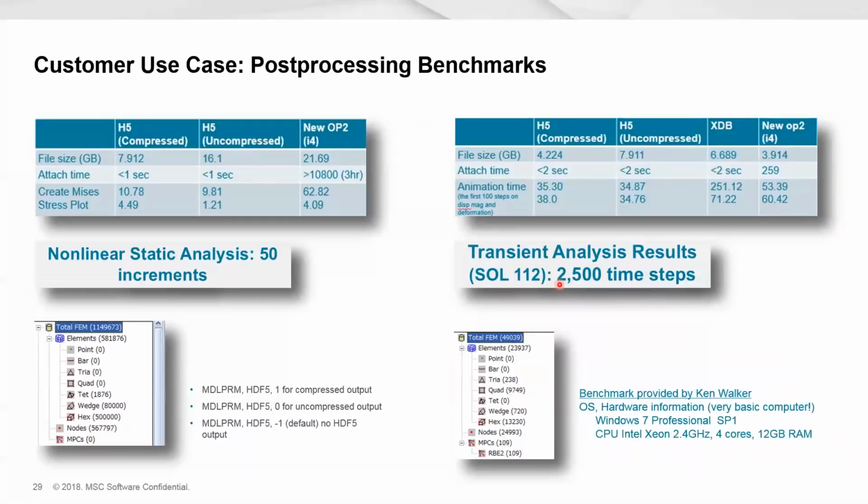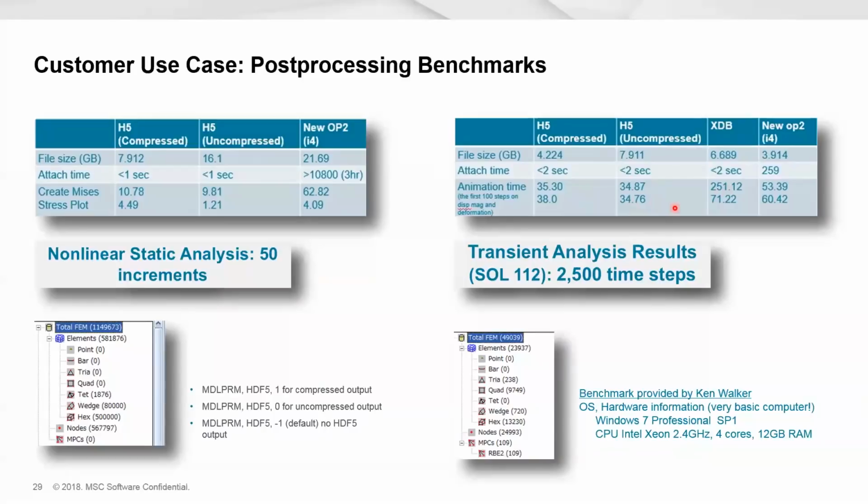But I think the animation time is really impressive: compared to OP2 new, we need only half the time. With XDB, you need 4 minutes to get an animation done.